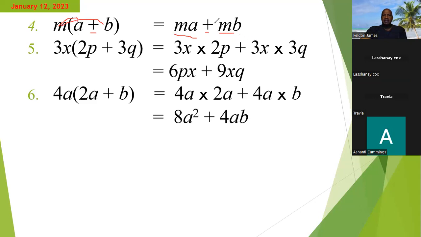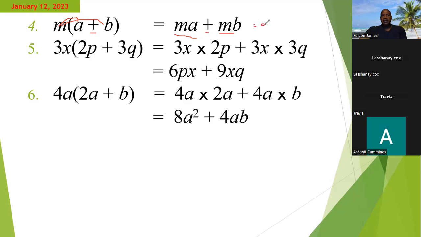Now, convention in maths means what we practice. What we would practice in terms of our answer is that our algebraic term will be written in alphabetical order. So instead of saying ma, we would normally say am, right?